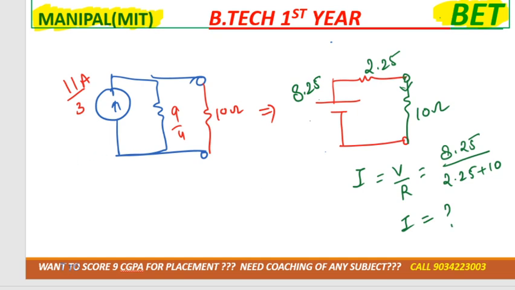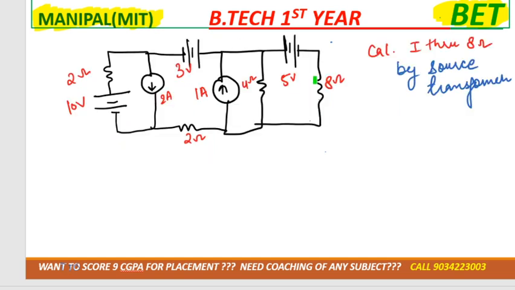This is how we can solve it through source transformation. See, how can we do this question, as you need to calculate current across 8 ohm? So we can't touch 8 ohm, right? So always start from this side. If we do source transformation, voltage to current, we can convert this voltage source to current source, right?